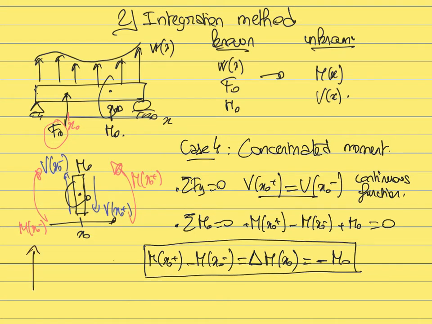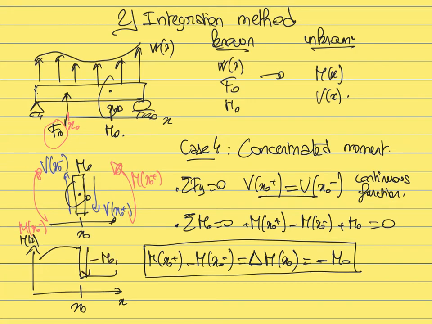If I plot the moment as a function of x, the moment can have any value, but at this point x naught there will be a discontinuity, and the value of the discontinuity is minus m naught.